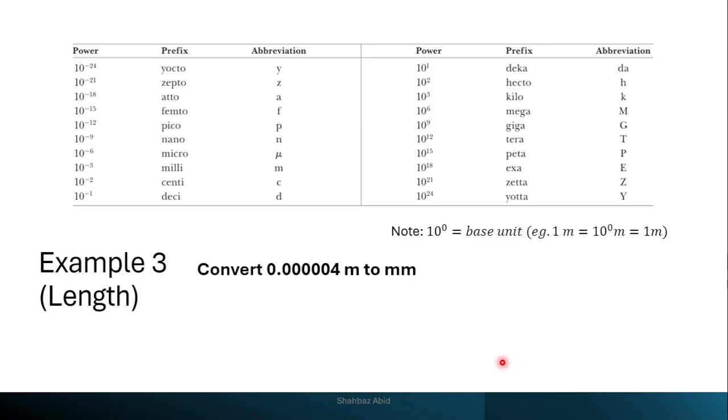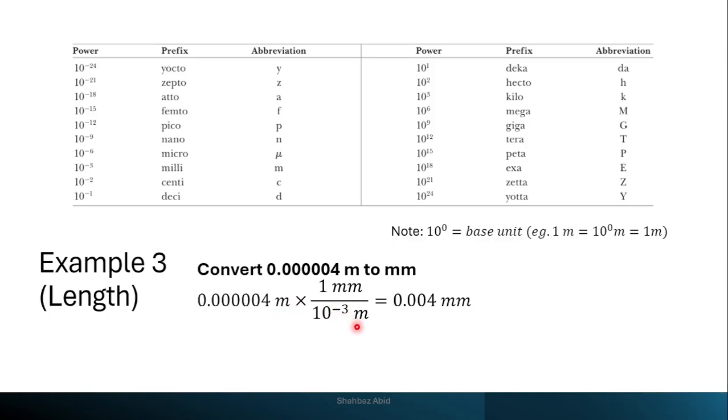Example 3 of the length. Convert 0.000004 meter to millimeters. Again, in this case, I will write whatever is given to us, this number, and the unit is meter.